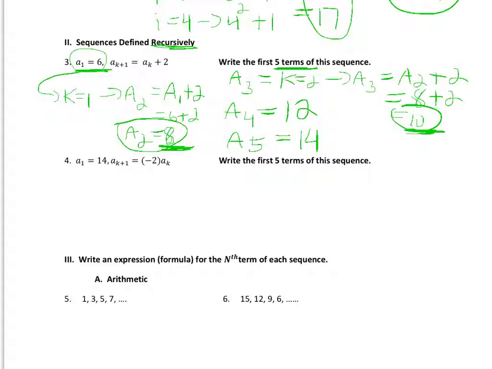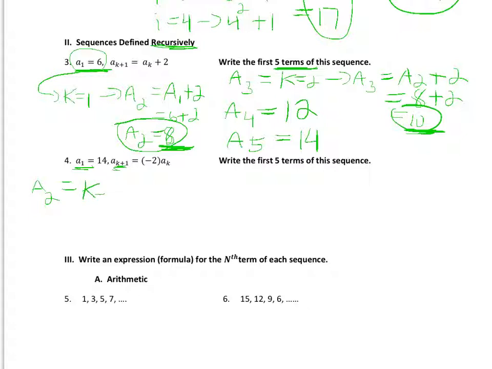Okay, if we look at number 4, this is going to be a different type of sequence. This is actually going to be a geometric one. So we'll do the same thing. I have the first term. So to find the second term, I want to find a sub 2. Well, in order to do that, I have to plug in k equals 1 here.